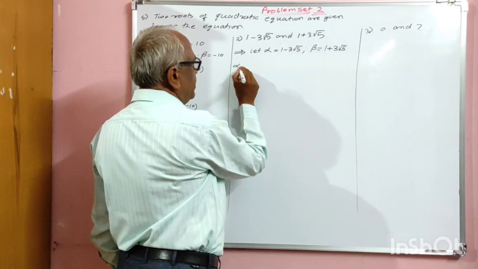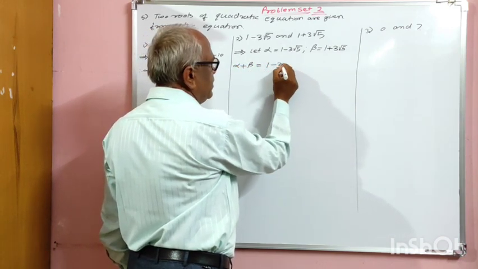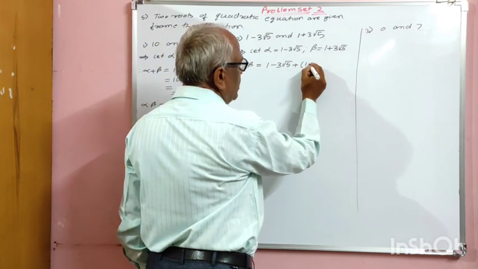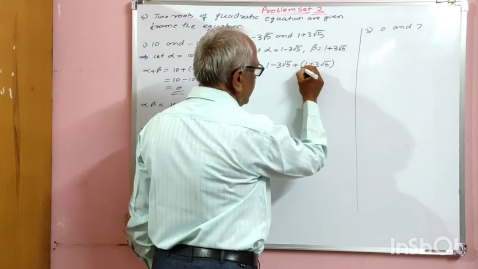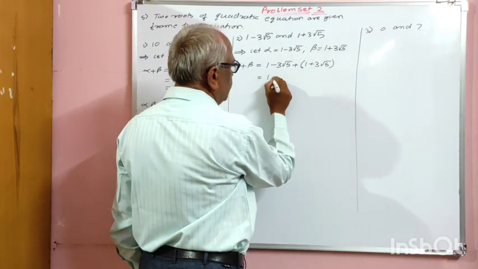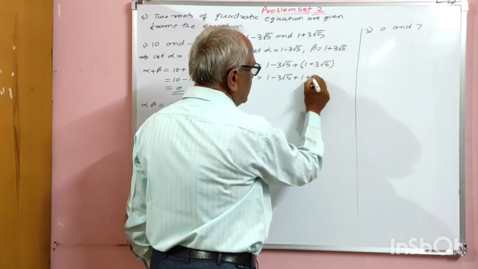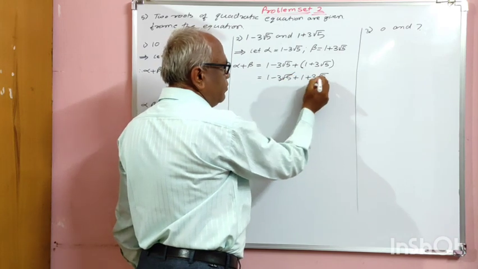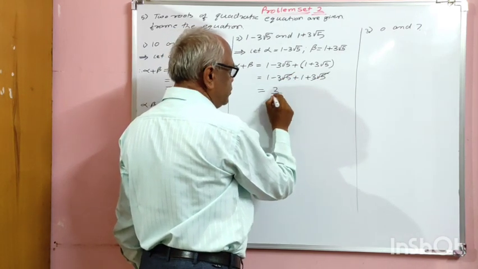Now alpha plus beta, alpha value is 1 minus 3 under root 5 plus beta value is 1 plus 3 under root 5, that I kept in the bracket, which is equal to 1 minus 3 under root 5 plus 1 plus 3 under root 5. Minus 3 under root 5 plus 3 under root 5 is cancelled, 1 plus 1, that is 2.